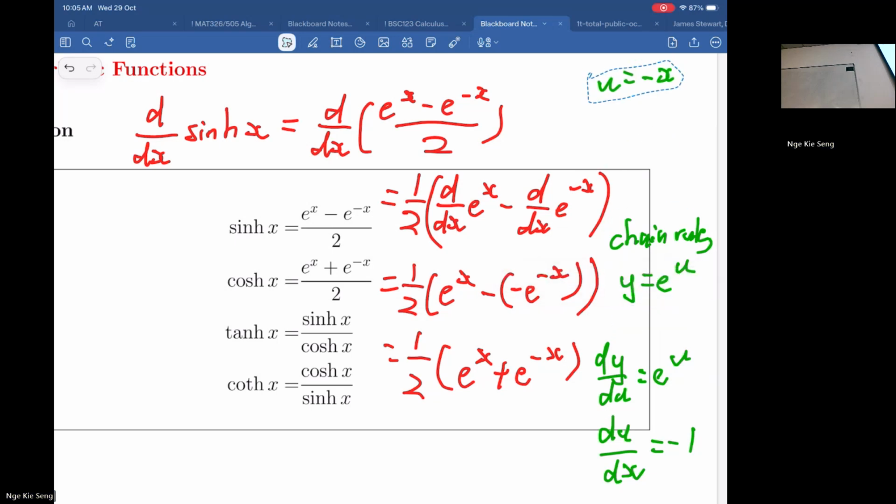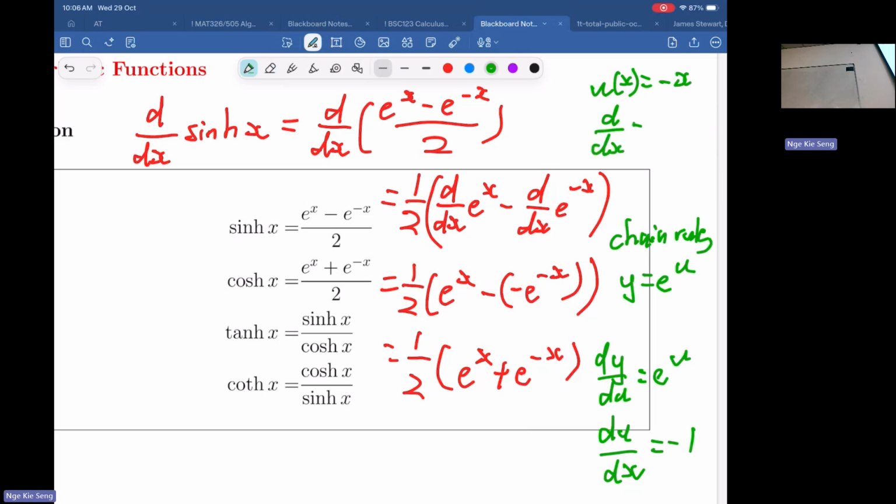So u equals minus x. If you differentiate u with respect to x, what do you get? Minus 1. Yes, this is how I get it. Exactly. Any other question?